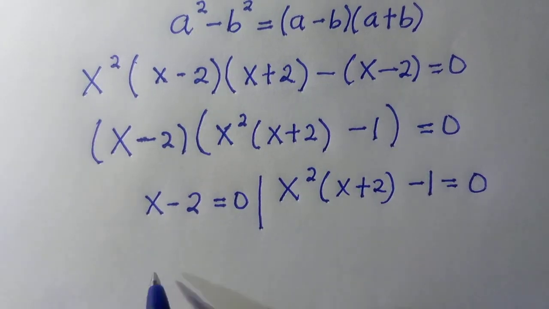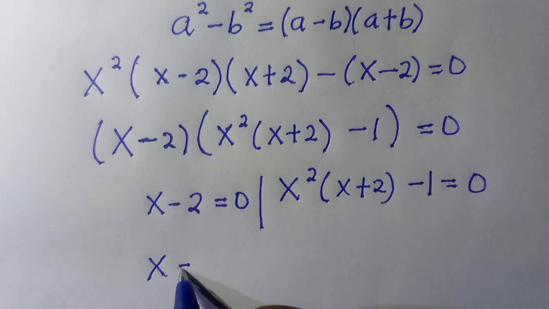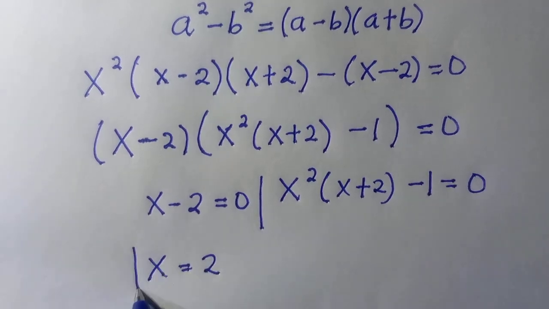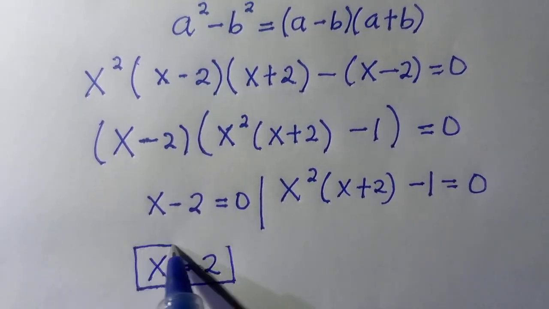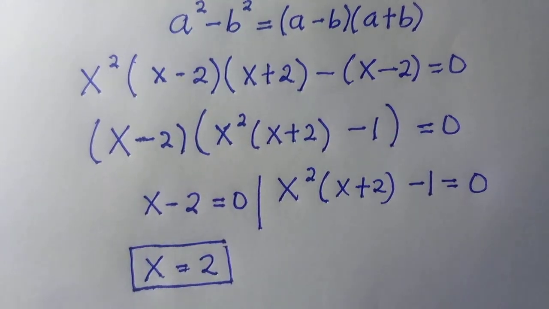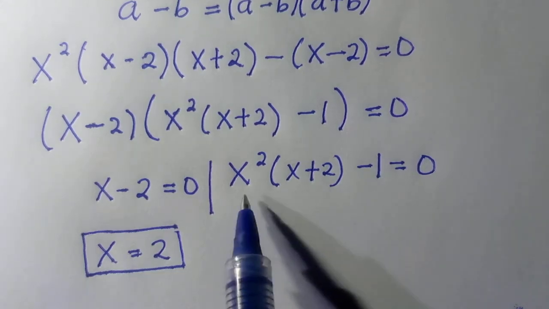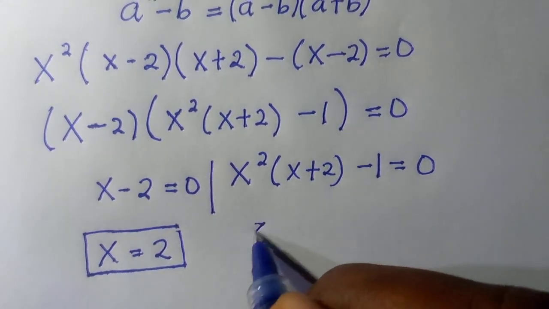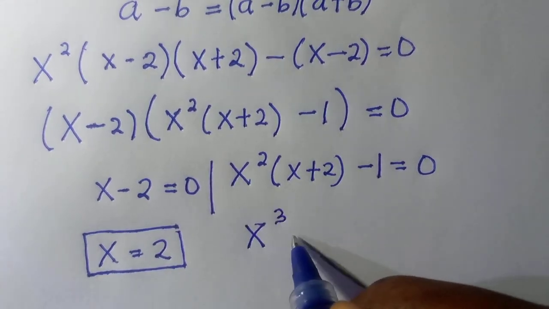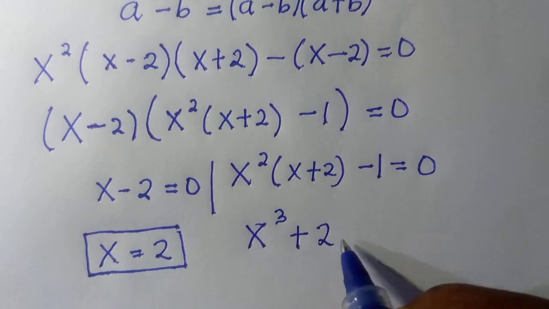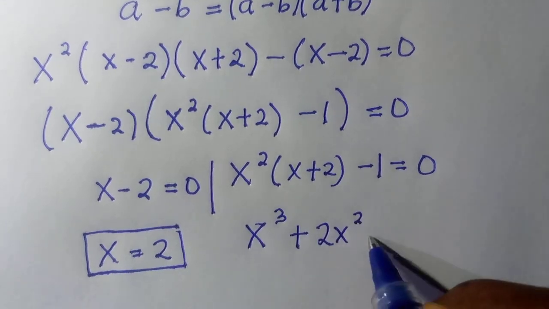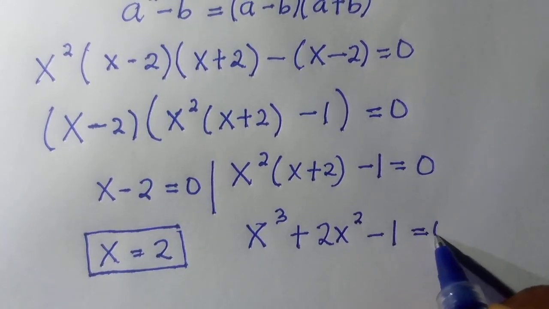With what we have here, we get the value of x = 2, which is the first solution to this problem. And for this, let's open the parentheses. We have x³ + 2x² − 1 = 0.